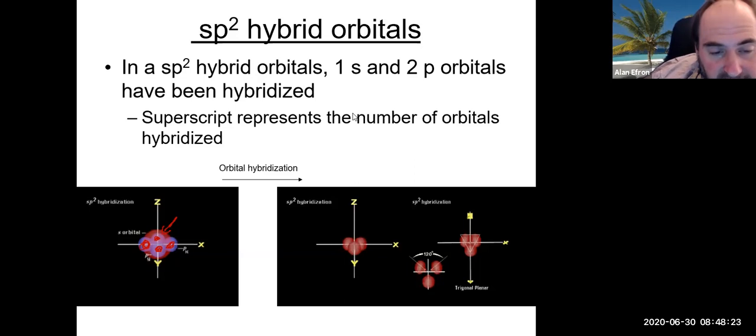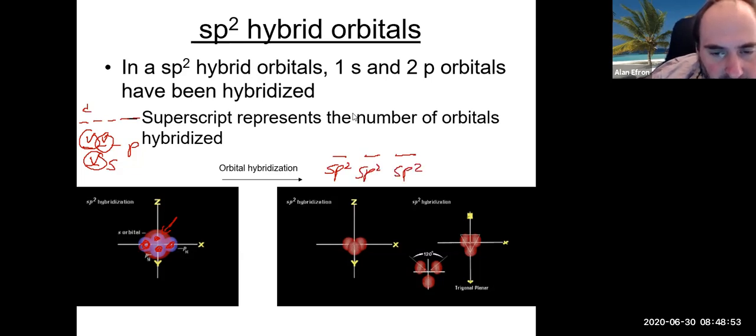And that is, again, an s and 2 p's. So if you count that like I just did, we're taking an s and 2 p's, which means we're making an sp2. And since we're combining 1, 2, and 3 of these atomic orbitals, that will give us 1, 2, and 3 sp2 hybrid orbitals.